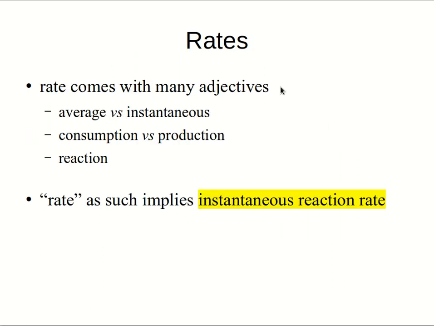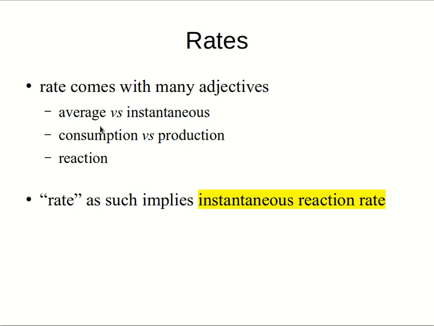And then there's rates. And this is an overview over the 5 rates that we are going to consider in this chapter. There's one more in this chapter, but I will leave it out. There's average versus instantaneous rates.